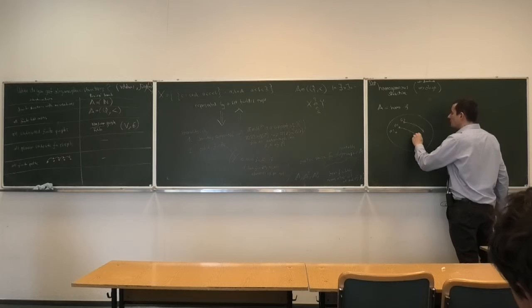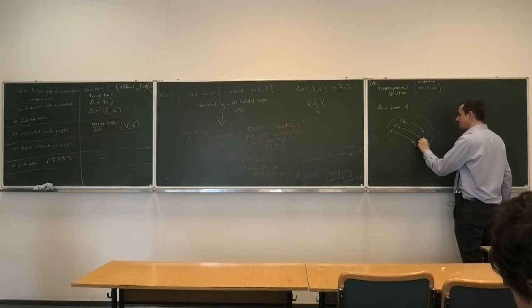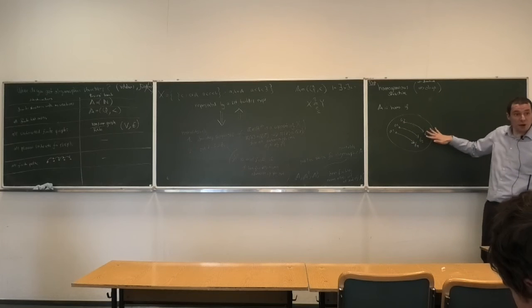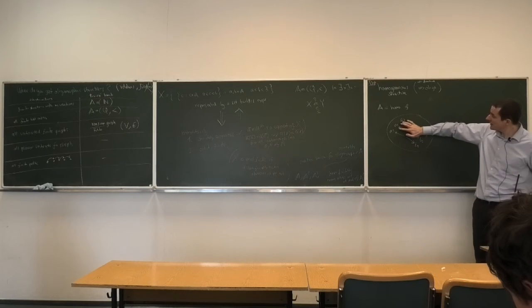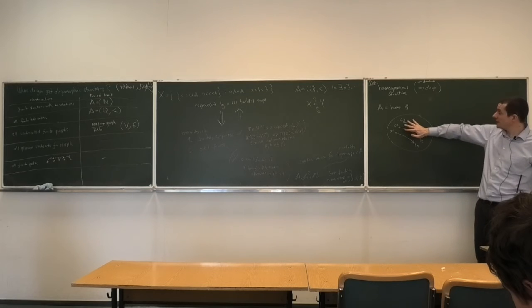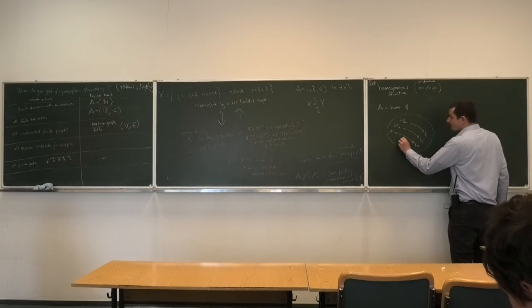And you take a partial automorphism, which means you map this triple of elements to some other triple of elements such that they satisfy the same quantifier-free formulas. In other words, they satisfy the same relations.